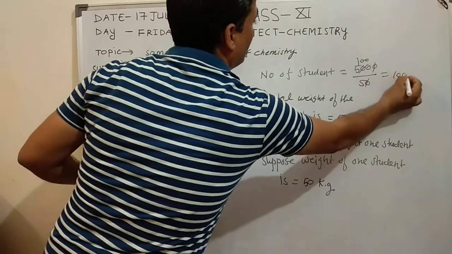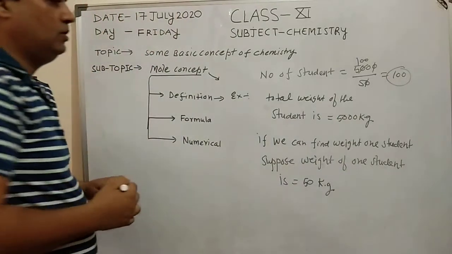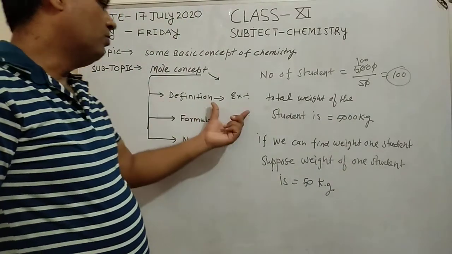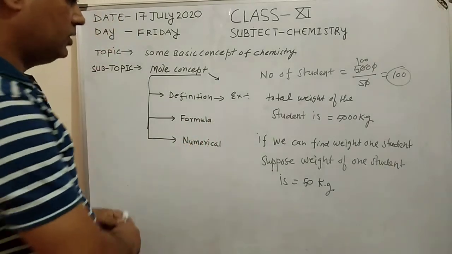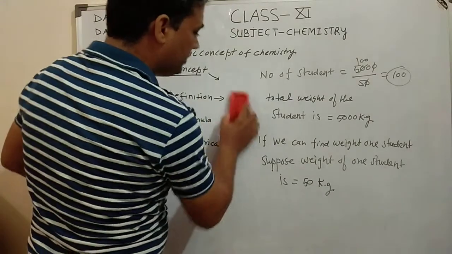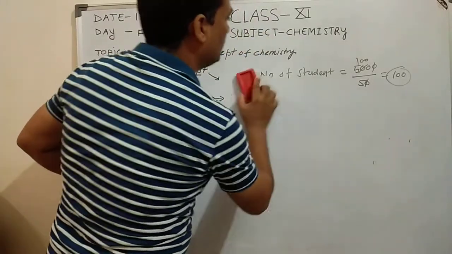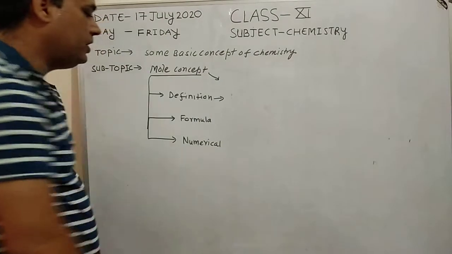How many students? 100 students. In this way, we can also calculate the moles, because in 12 gram of carbon, how many atoms are present? It is equal to 6.022 into 10 to the power 23.